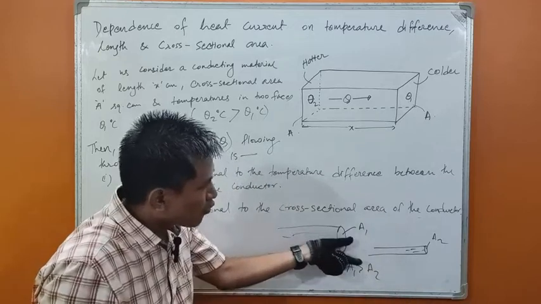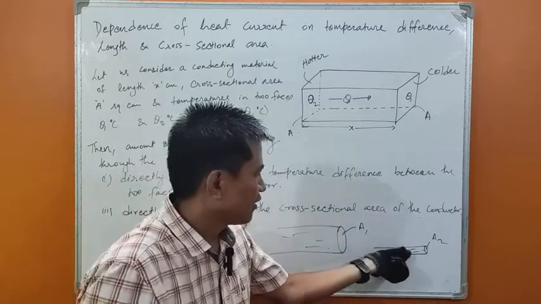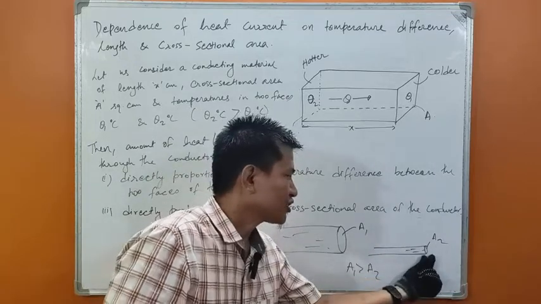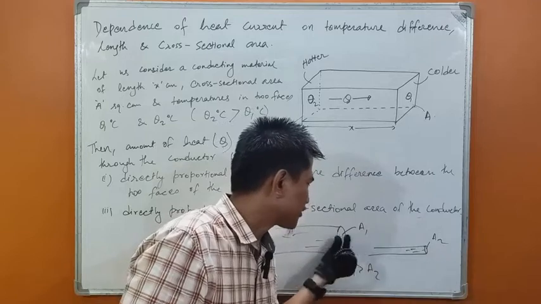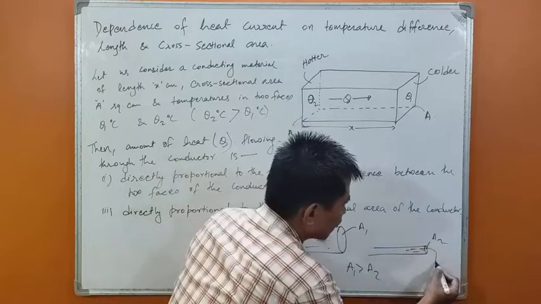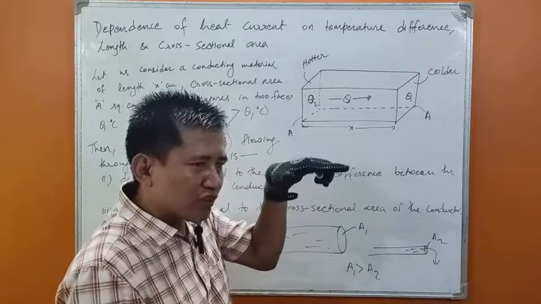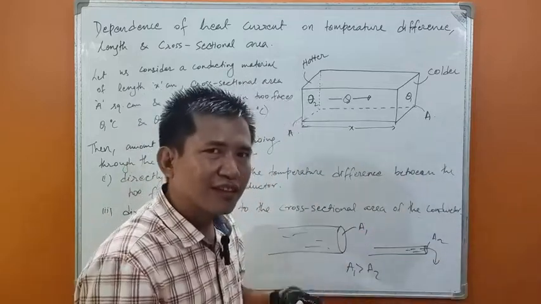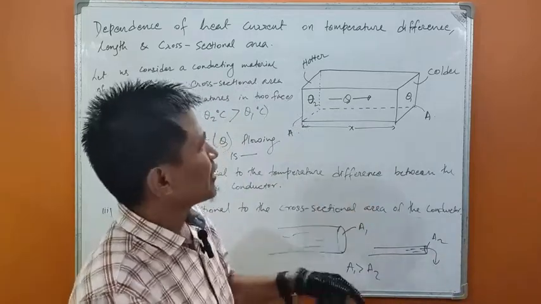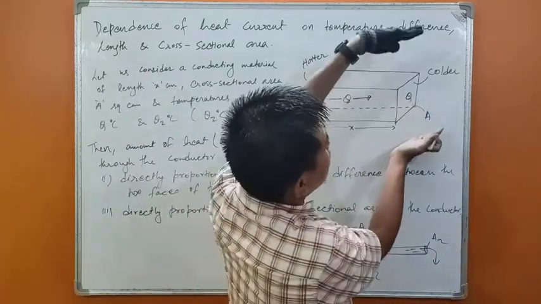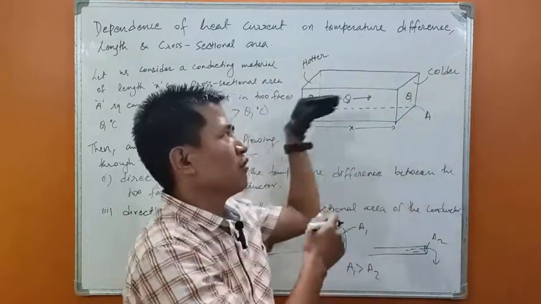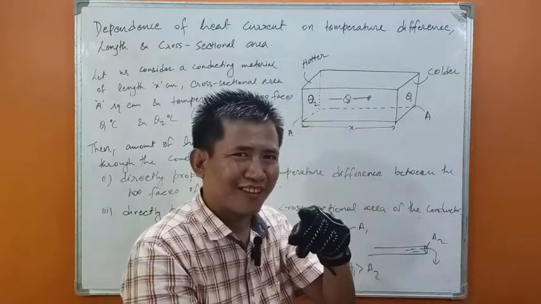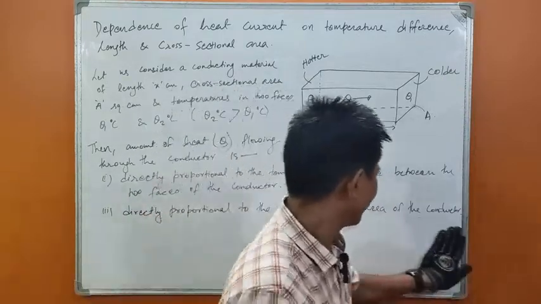So more amount of water will flow from A1 than A2. The cross-sectional area of this pipe is lesser as compared to this pipe, so lesser amount of water will flow from this pipe. More the cross-sectional area, more amount of water will flow. Less the cross-sectional area, less amount of water will flow. Similar concept may be applied here. More the cross-sectional area, more amount of heat will flow. Less the cross-sectional area, less amount of heat will flow. Are you getting me? I hope you got this.